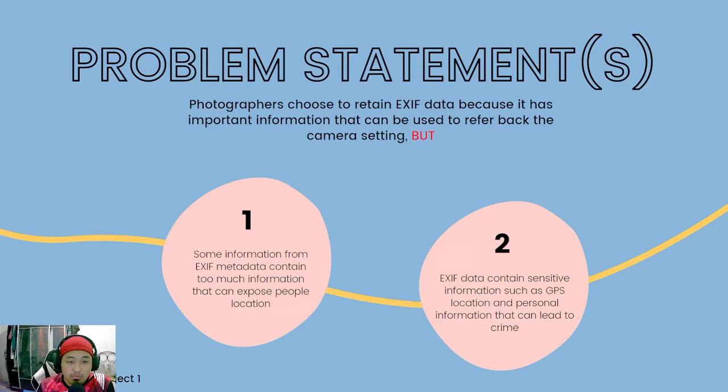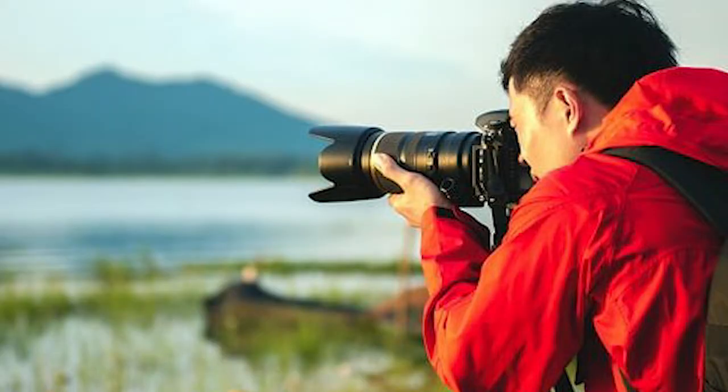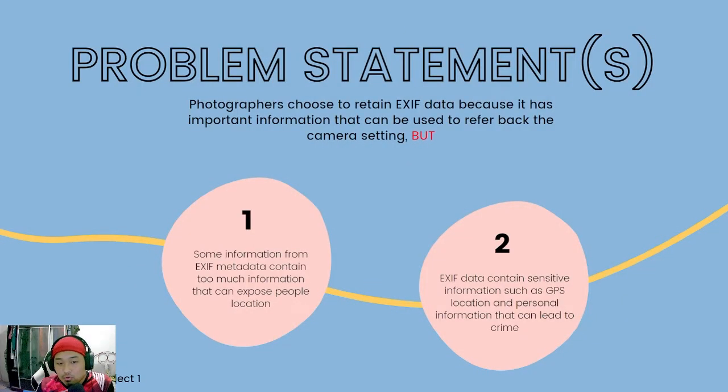Most photographers actually choose to retain this Exif data because it contains important information for them. If you are a photographer, you will want this information, because the Exif data contains the camera settings, and you can also put in your copyright, for example, if your name is Abu and you are the photographer.